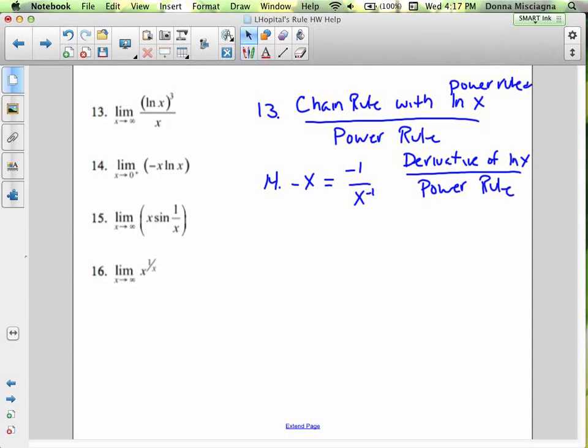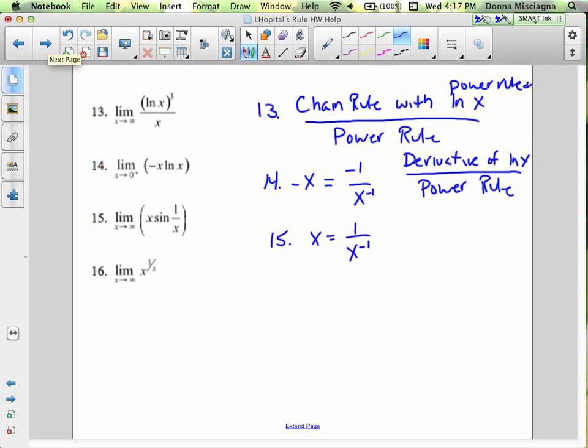Same thing on 15. I don't know why I switched to green. I might as well just stay with blue. So 15x is the same as 1 over x to the negative 1, and then you've got the derivative of sine in the numerator.